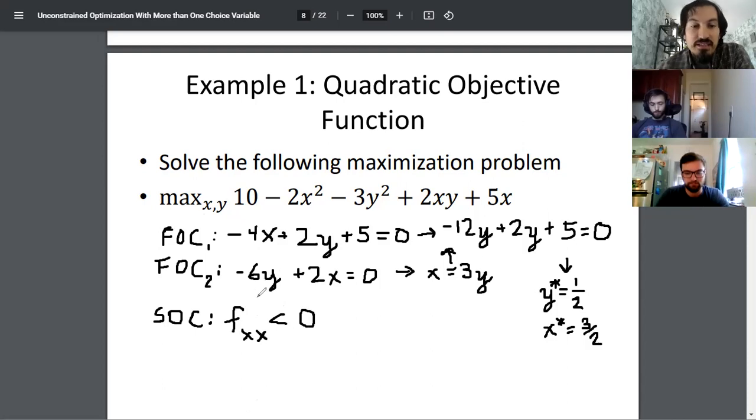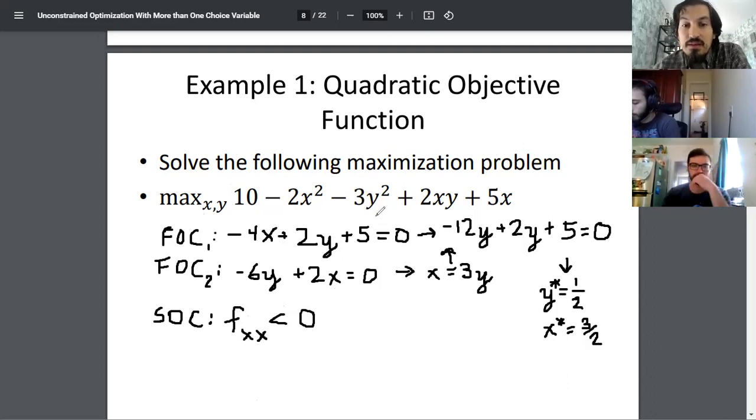Okay, so what is fxx? I actually just want to take the derivative of this. So notice the left-hand side of this first order condition is exactly equal to the partial derivative of f. I'm calling it f now. I don't think I used the lowercase f anywhere else besides here, but now that I've used it, let's call this function f.